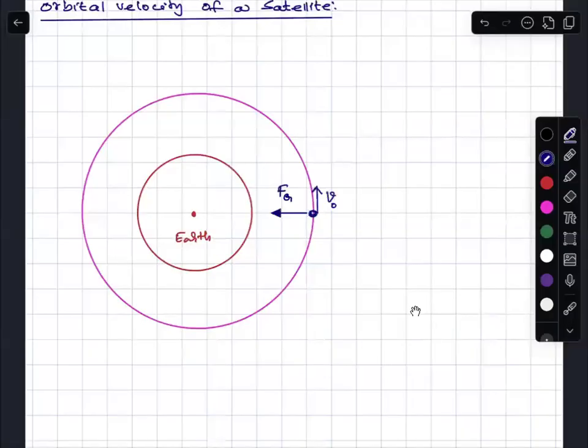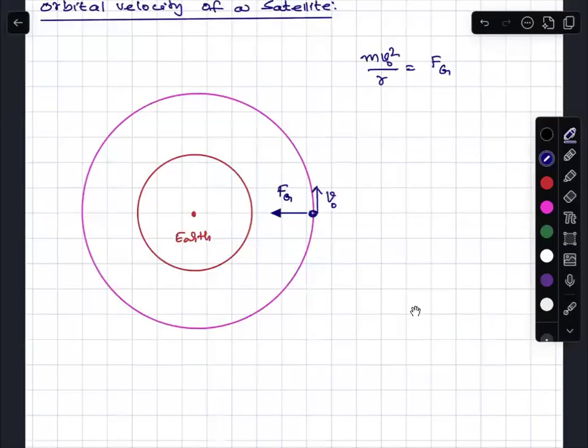Now, what is the condition that should be satisfied for the orbit to be circular? For the orbit to be circular, the necessary centripetal force must be supplied by the gravitational force itself. If the gravitational force supplies the necessary centripetal force, that's all.